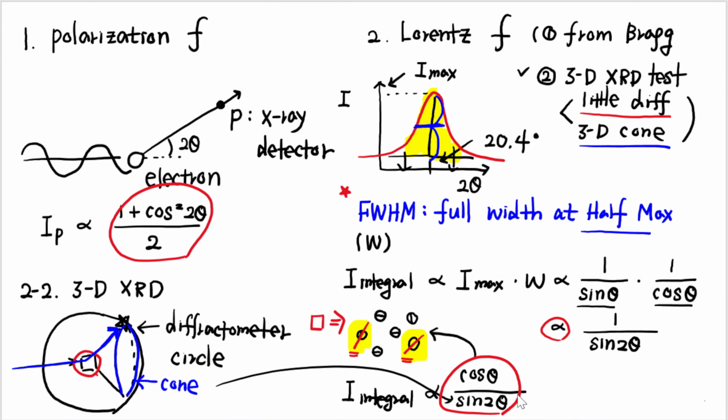And before that, also from the Bragg curve, we also consider 1 over sine 2 theta value. Polarization factor and Lorentz factor are functions of theta.